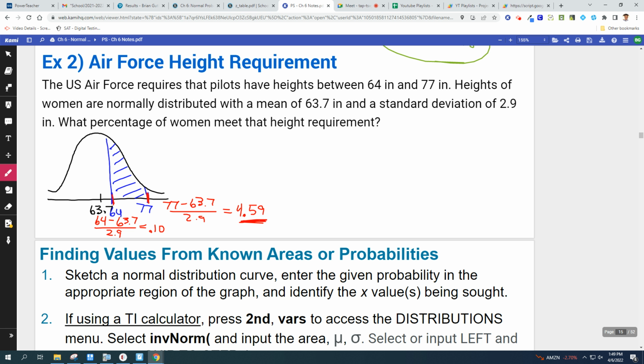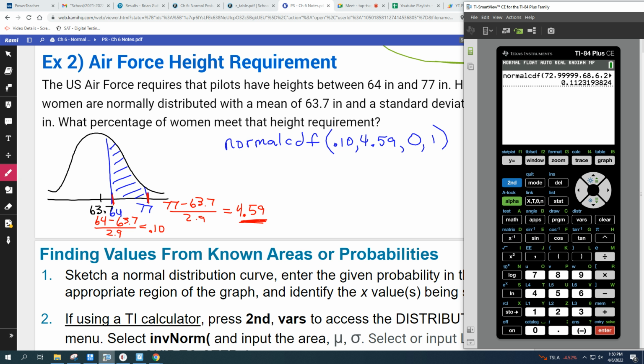All right. Think about our calculator. We can do it one of two ways. If we use the Z-scores, let's do what we did yesterday. Normal CDF, and your lower number is 0.10, and your higher number is 4.59. Those are your two Z-scores. And when I standardized it, I had a mean of 0 and a standard deviation of 1.